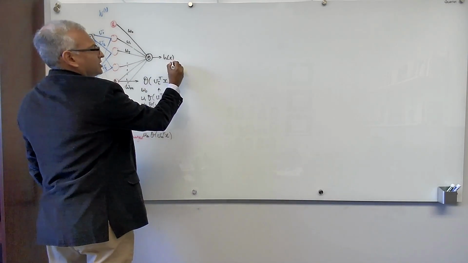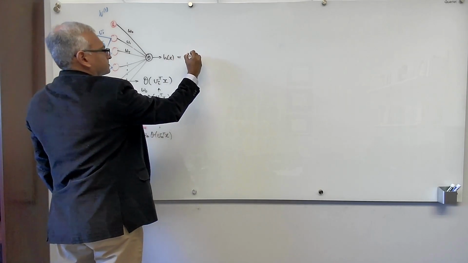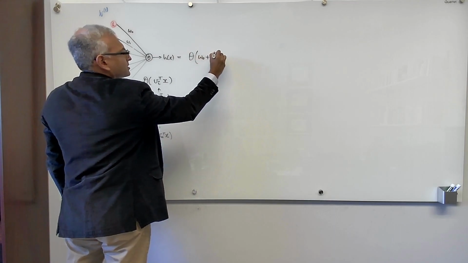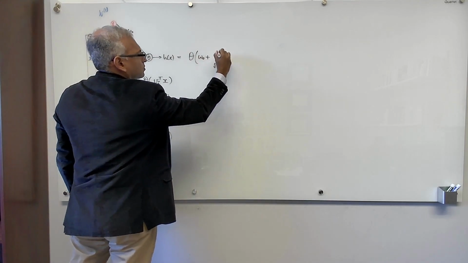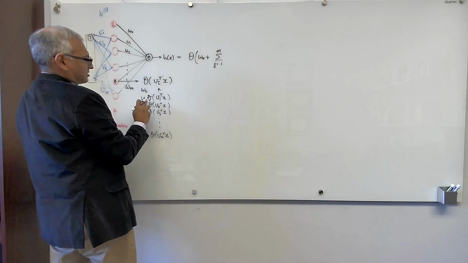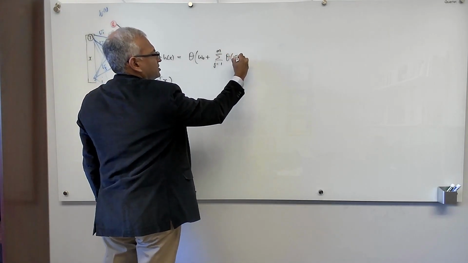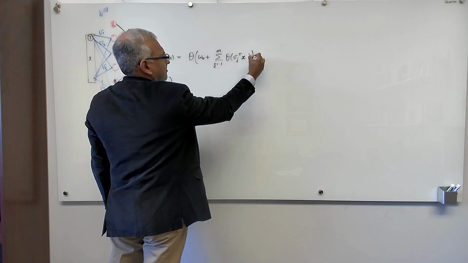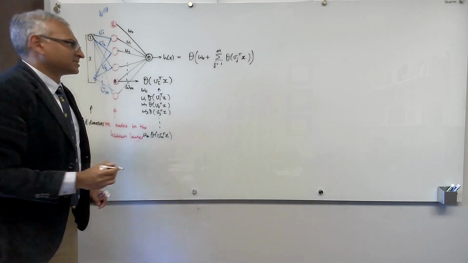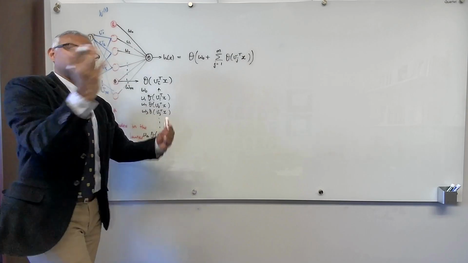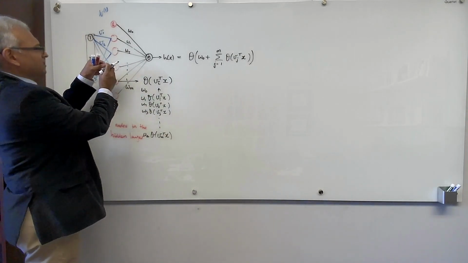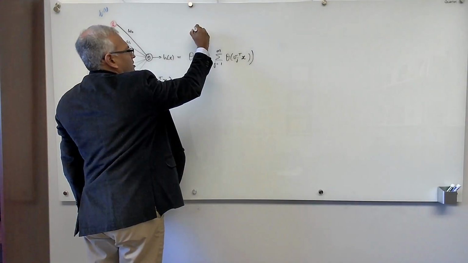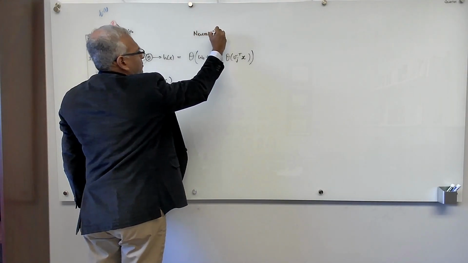So the output H of X is equal to theta of W0 plus the sum from j equals 1 to m of Wj theta of Vj transpose X. Let us call this the neural network, although technically it's the single hidden layer neural network with m hidden units.